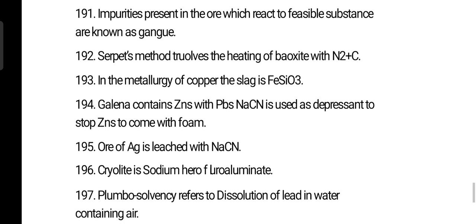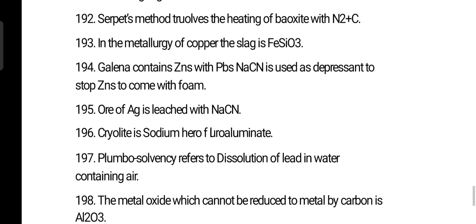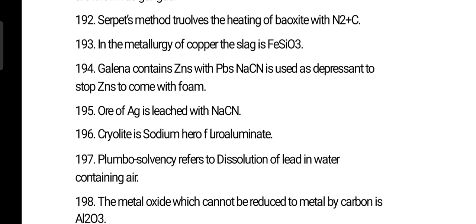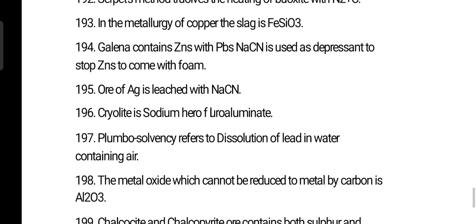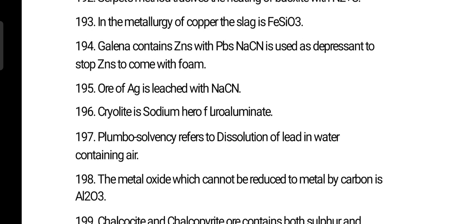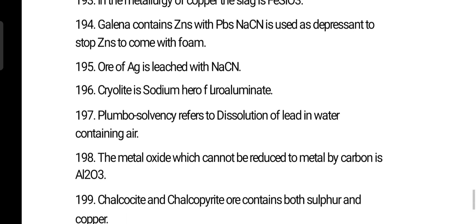Impurities present in the ore which react with flux to form fusible substance are known as gangue. Serpeck's method involves the heating of bauxite with N2 plus C. In the metallurgy of copper, the slag is FeSiO3.